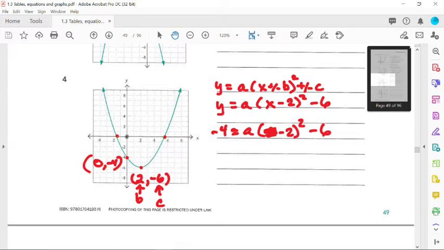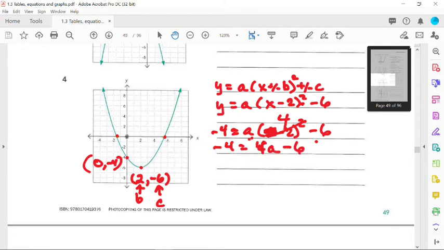Now, negative 2 squared is 4. So that gives me negative 4 equals a times 4, minus 6. Now be careful here. That's going to give us 4a minus 6.